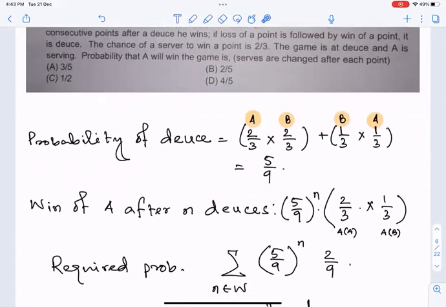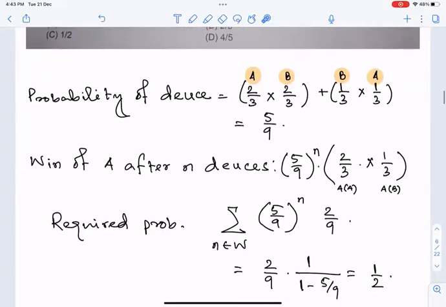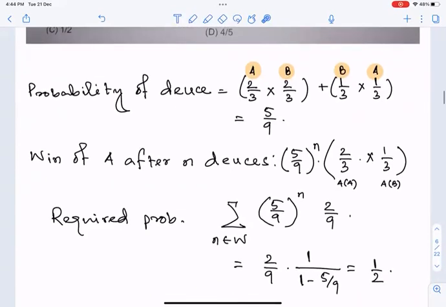So our required probability will be sigma over (5/9) to the power n into 2/9, where n varies over whole values, which eventually leads to a calculation giving us probability half.